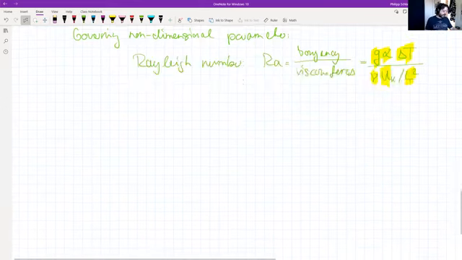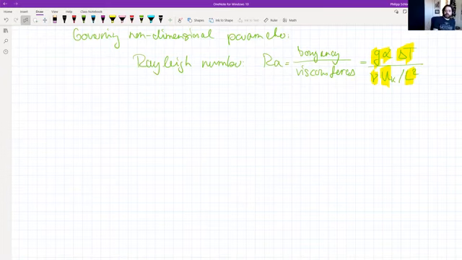What people have realized, as I was just saying, is that there needs to be a certain critical Rayleigh number for the whole thing to actually start. And then of course the idea was, if there is a critical Rayleigh number, maybe one can calculate it. During the 19th century, the 1800s, people started to look at that with different mathematical tools.